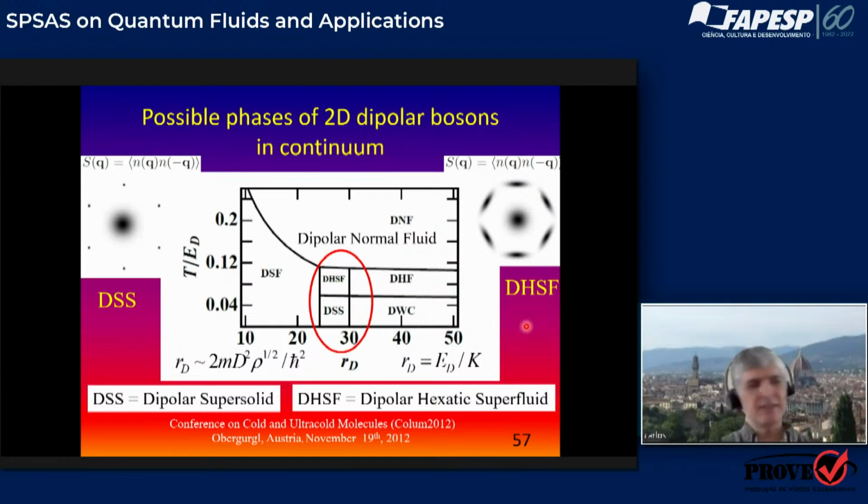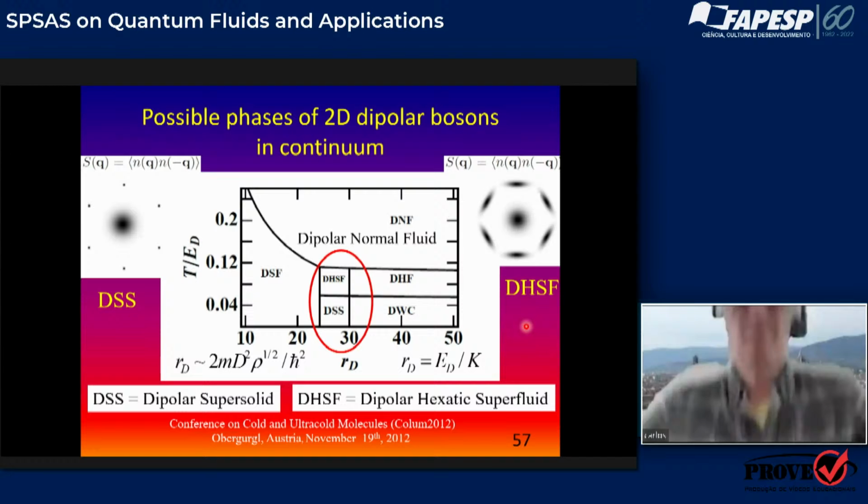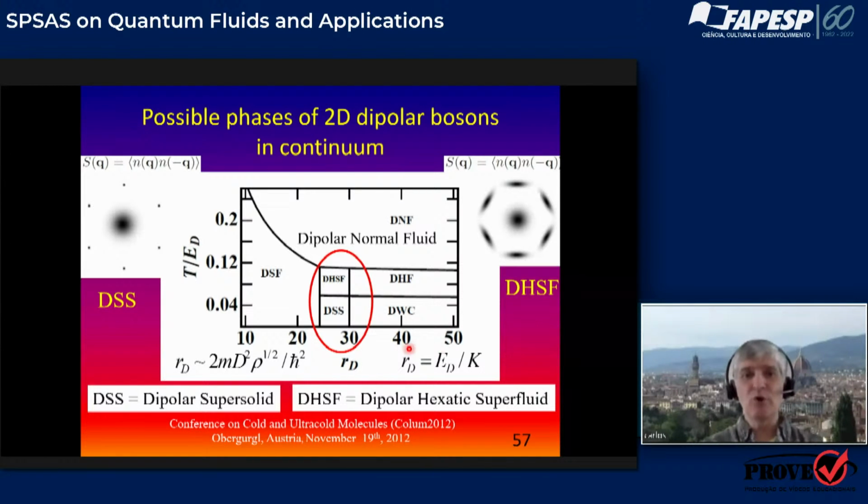So the idea is that the system for dipolars can have not only a dipolar superfluid phase and a compromise between the dipolar superfluid and the dipolar Wigner crystal, but also a melted supersolid phase. So the question is, in these experiments, are we seeing something like this, or are we seeing something like that?